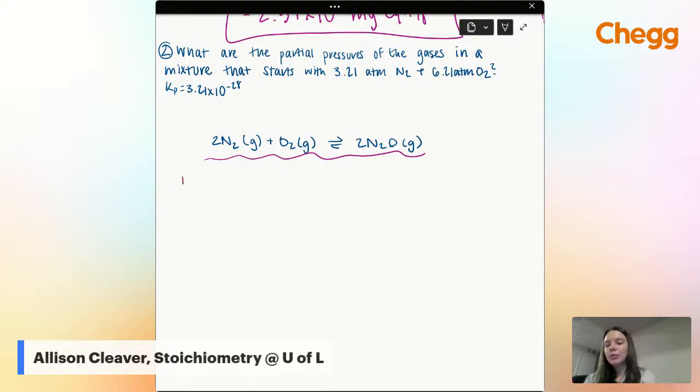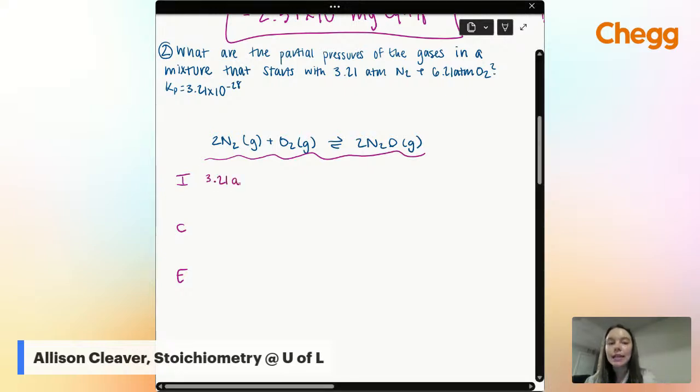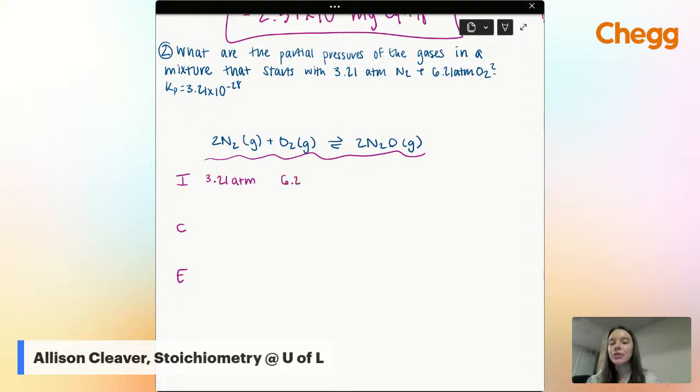So we're going to write our I, C, and E. You don't have to do this, but for organizational purposes, I think writing them out is very important. Then we're going to write the initials that the problem gave us. So we start with 3.21 atm of N2, and we start with 6.21 atm of O2.